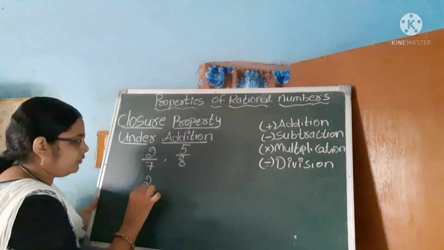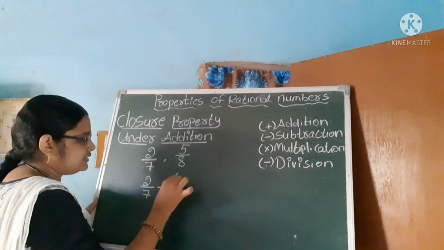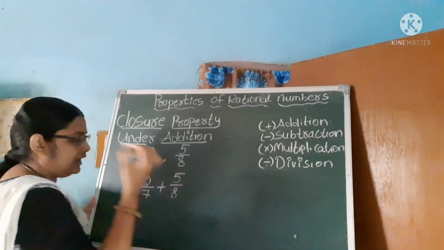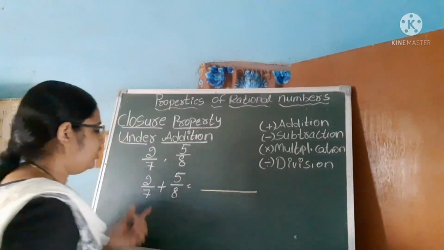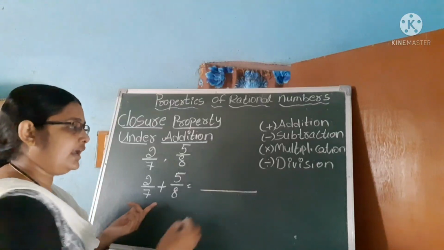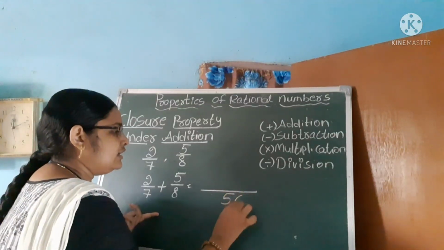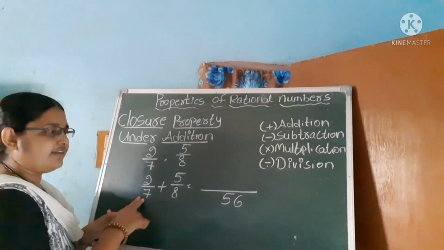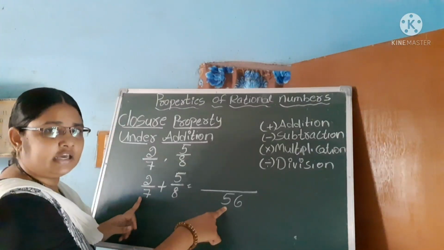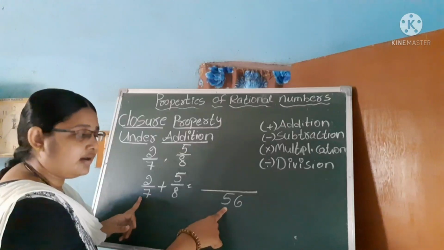So first addition. Apply 2 by 7 plus 5 by 8. What is the LCM of 7 and 8? Very good, 56. In the 7 table, 56, how many times? 7 eights are 56.